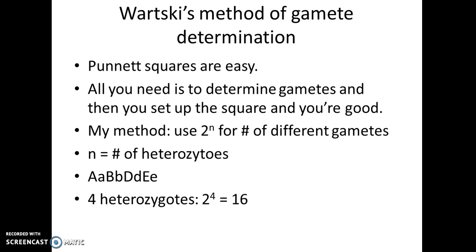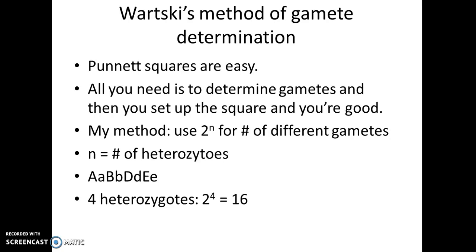So I'm going to give you Warchke's method of gamete determination to help you figure out the gametes, because once the gametes are figured out, Punnett squares are really easy, or as we used to say up in New England, wickedly easy. So all you need to do to determine gametes is my method. If you can set up a square, and you can do my method, and you can combine things, you're good to go.